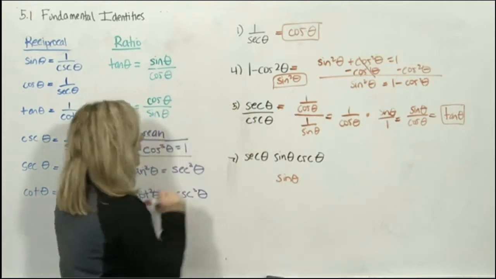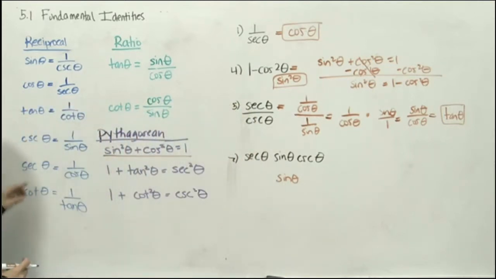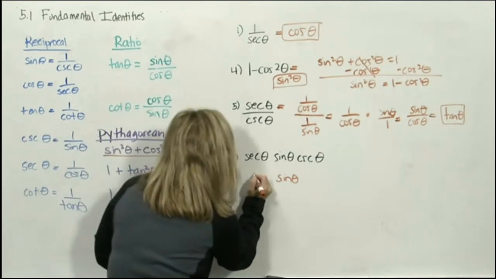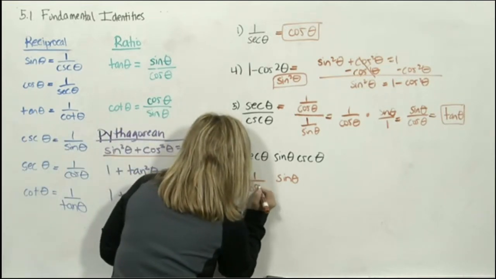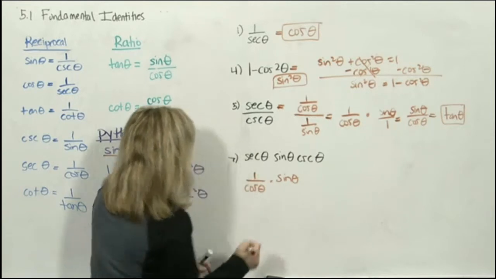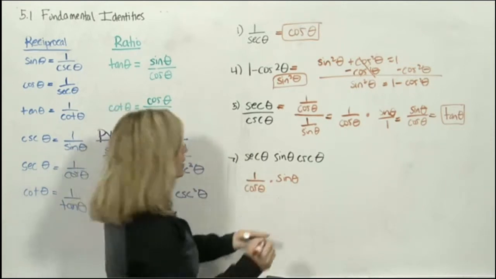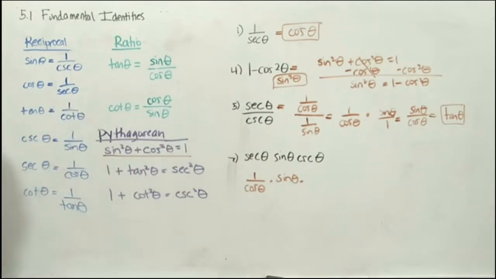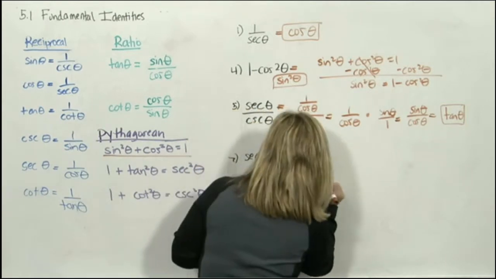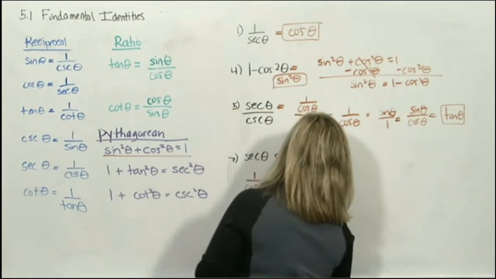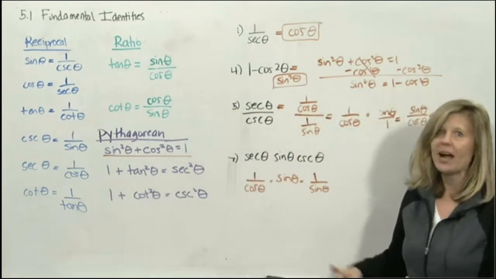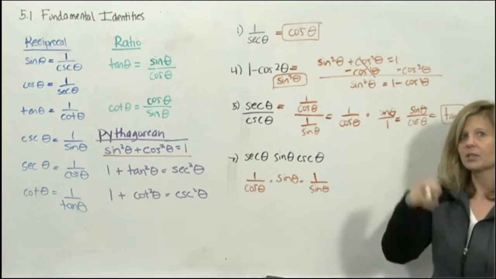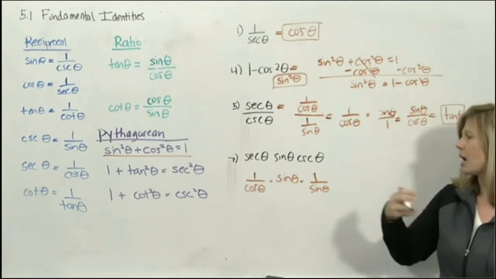But what can I replace secant theta with? Well, again, according to reciprocals, secant is 1 over cosine. So I'm going to write 1 over cosine theta. I'm going to leave the sine theta. What can I represent cosecant theta with? Cosecant theta is 1 over sine theta. Okay, multiplying fractions is no problem. Top times top and bottom times bottom.